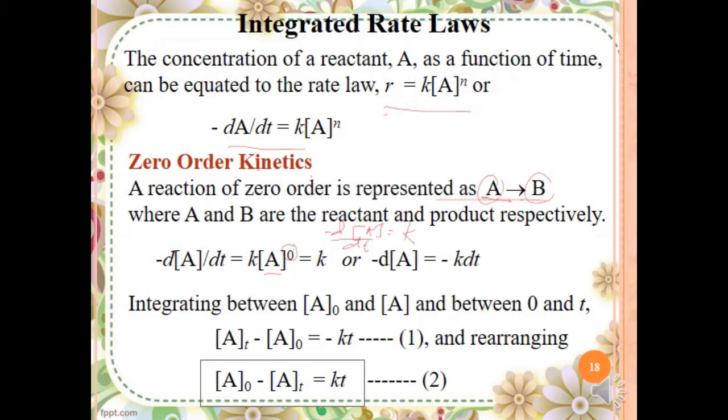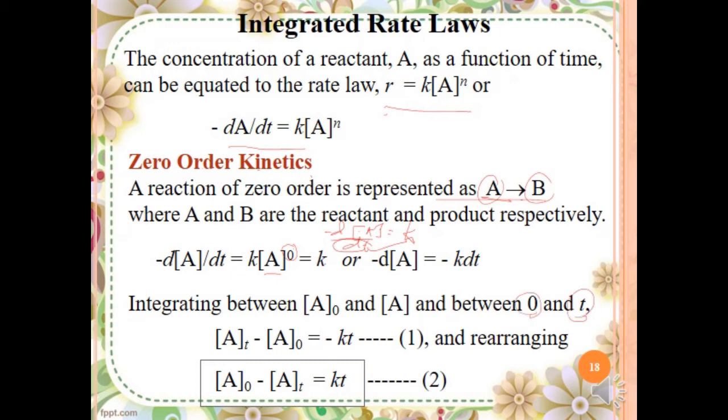Then we rewrite this, bringing dt over here, so we have negative d[A] equals negative k dt. Now we integrate both sides between 0 and time t.